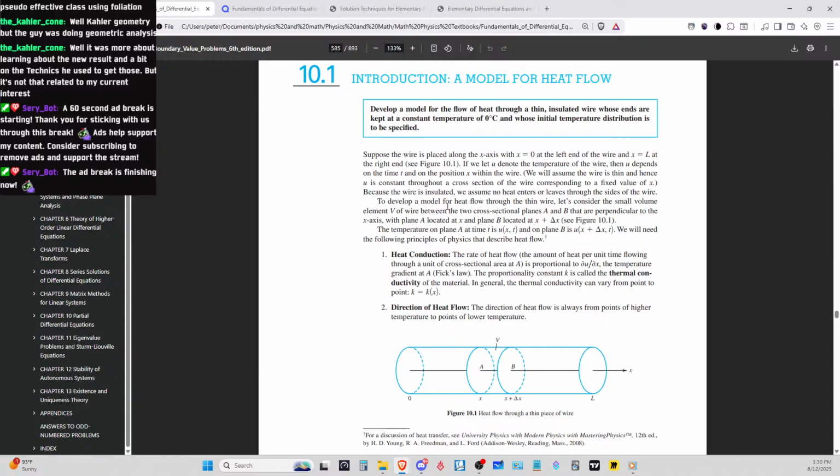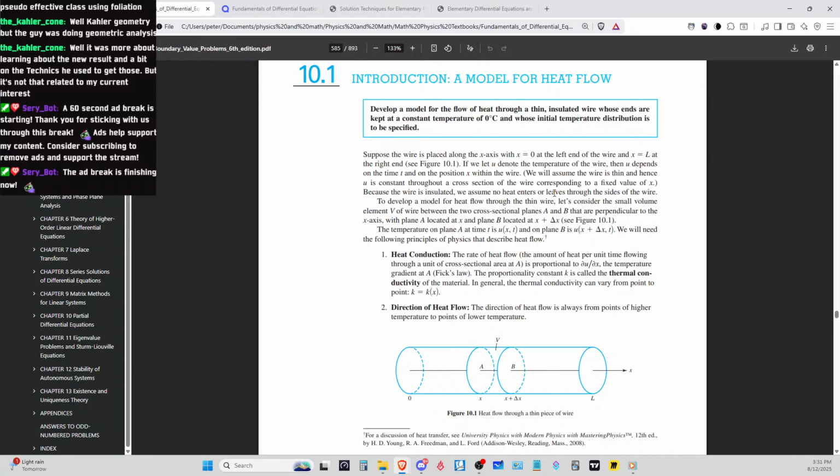To develop a model for heat flow through the thin wire, let's consider the small volume element V of the wire between the two cross-section planes A and B that are perpendicular to the x-axis, with plane A located at x and plane B located at x plus delta x.